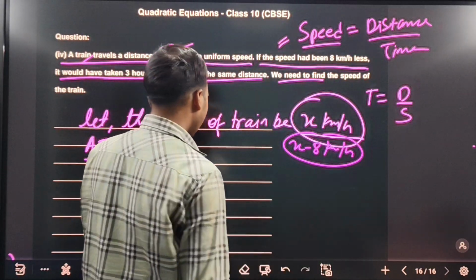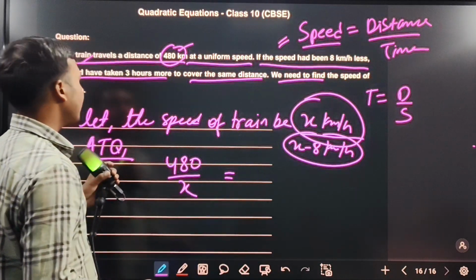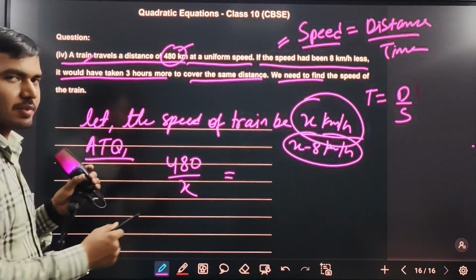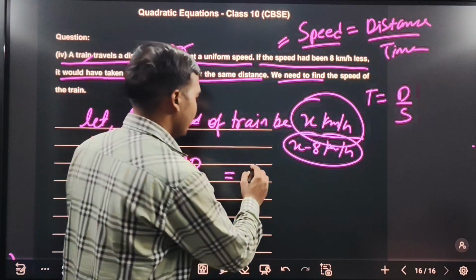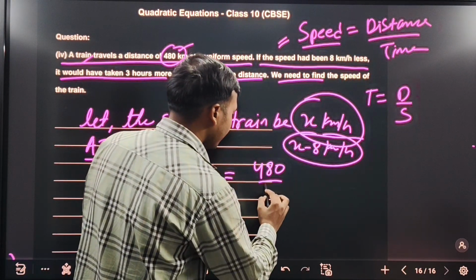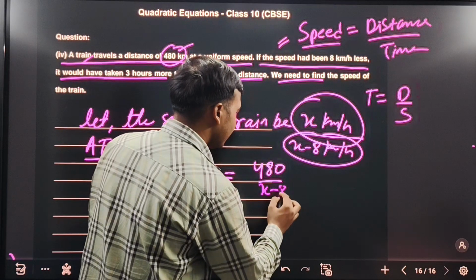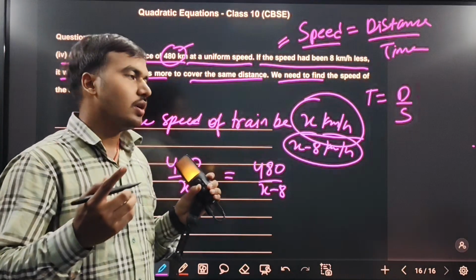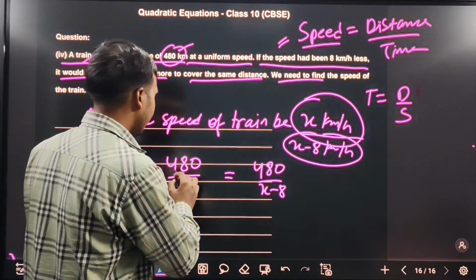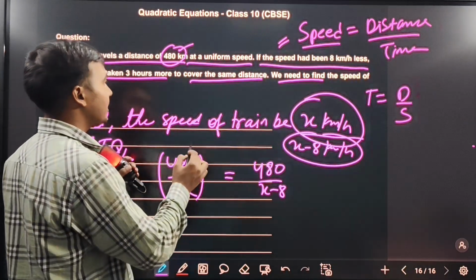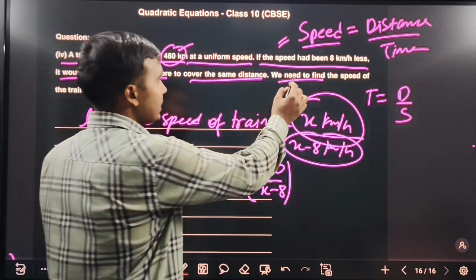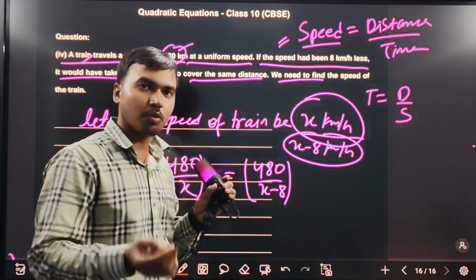So the time taken by the train in that case will be equal to 480 by x minus 8. Now here we can observe that this is the time taken by the train in the first case, and this is for the second case. So when speed is less, the time will be more.